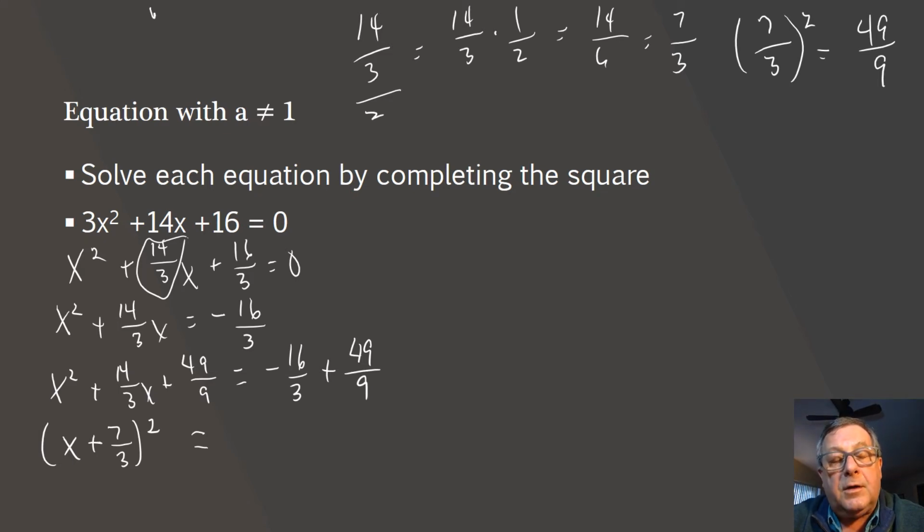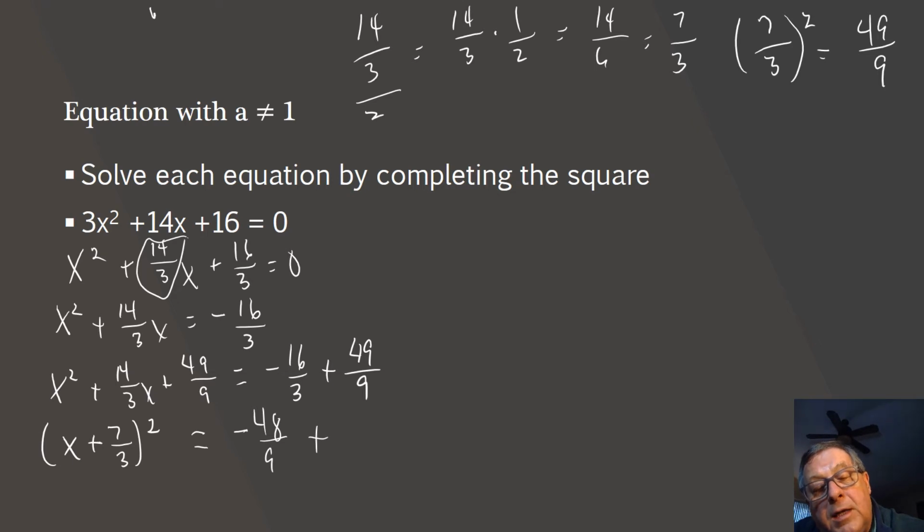Well, to add those, I've got to get to a common denominator. And again, 3 times 3 is 9. So if I multiply negative 16/3 times 3/3, that would give me a common denominator. And when I do, I'm going to have negative 48/9 plus 49/9.